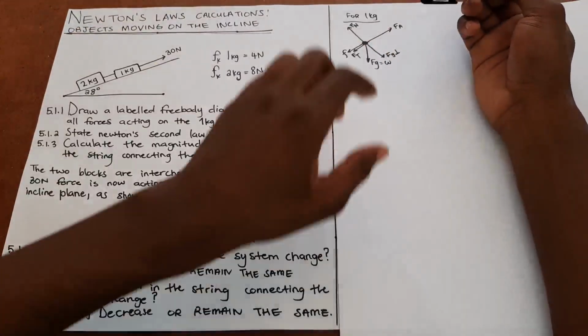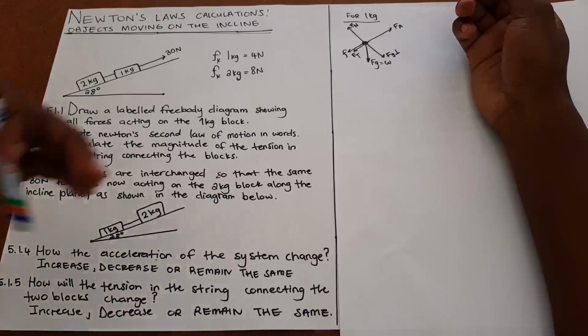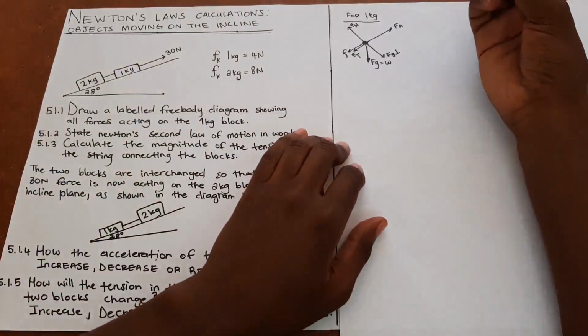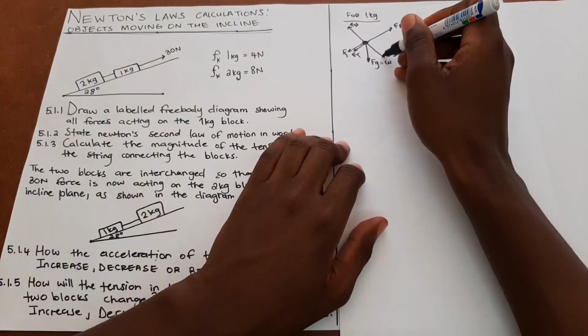But now, since I want to make things easy and clear for you, what I'm going to show you is this. I'm just going to write Fg parallel here, the component of gravitational force that's acting parallel.